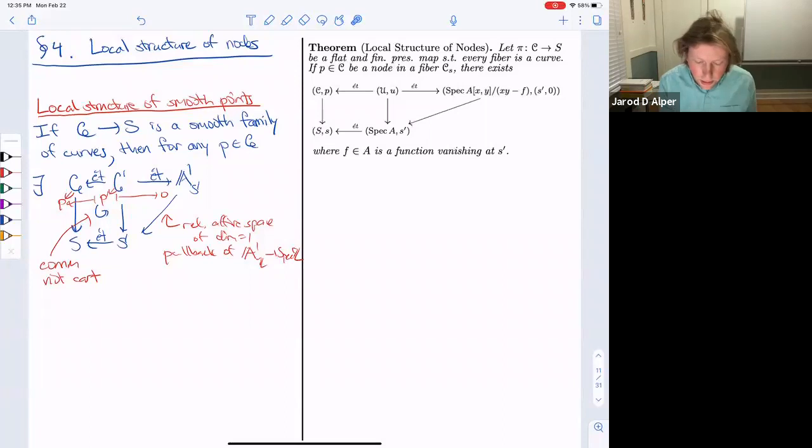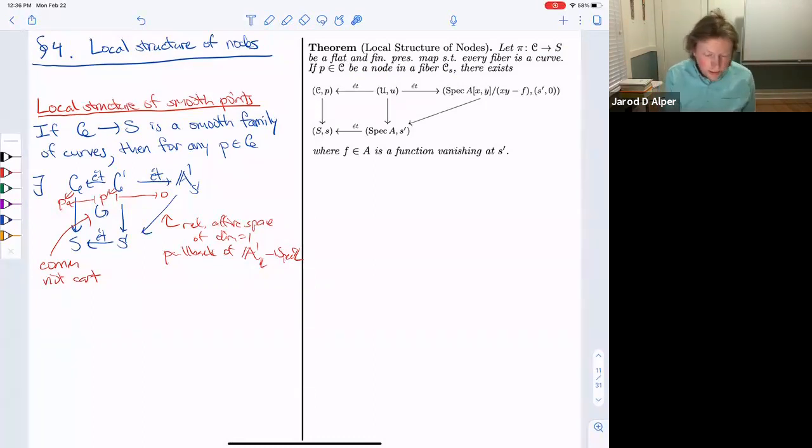Right, so we're starting with a morphism pi, and it's a flat and finitely presented morphism such that every fiber is a curve. And I take a point P in C, which is a node in the fiber of C over S. In particular, by our definitions, it's a reduced point in the fiber.